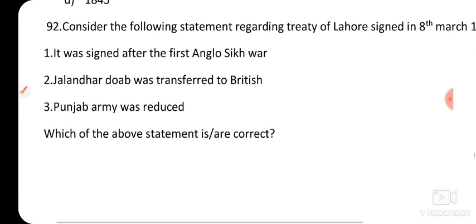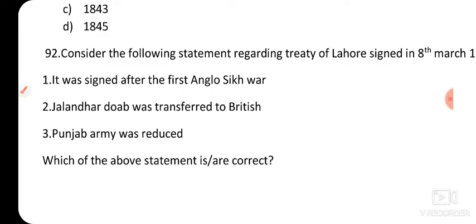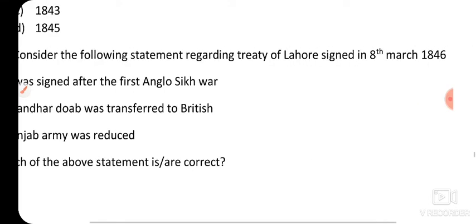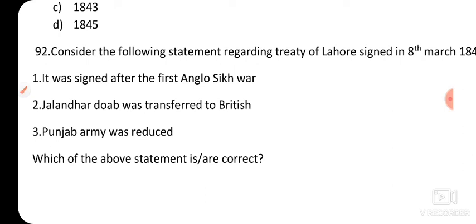So let us see which is the correct answer. First, they are saying that it was signed after the First Anglo-Sikh War. Okay, it was on 8 March 1846, so obviously it is after the First Anglo-Sikh War, and the consequence of the First Anglo-Sikh War was the Treaty of Lahore.